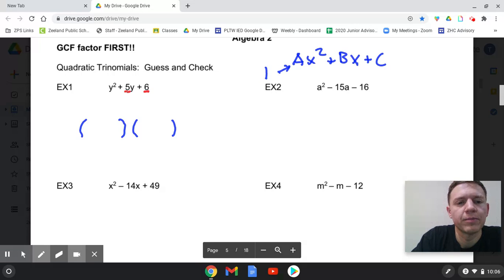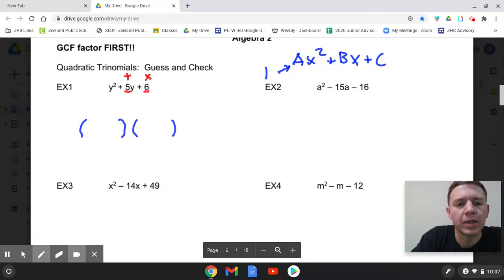I need 2 numbers that multiply to be 6. And those 2 numbers need to also add to be 5. So they multiply to be the last term, and they add to be the middle term. So what 2 numbers multiply to be 6 and add to be 5?